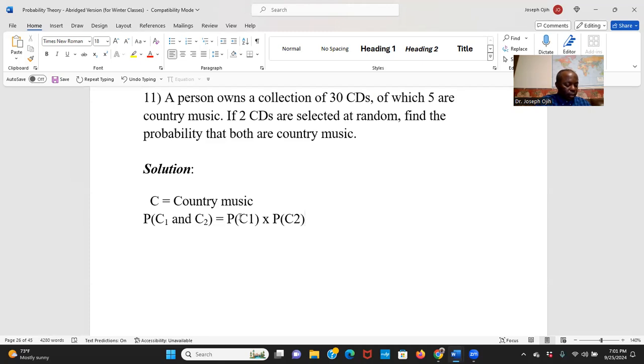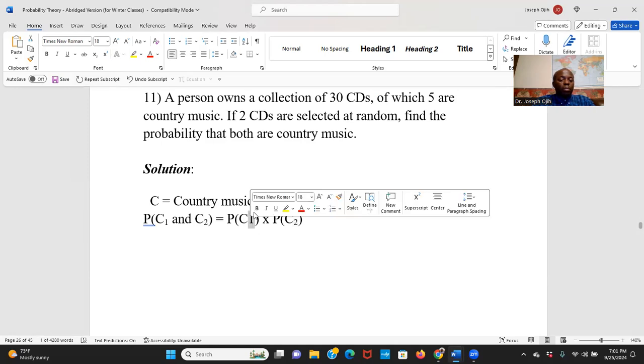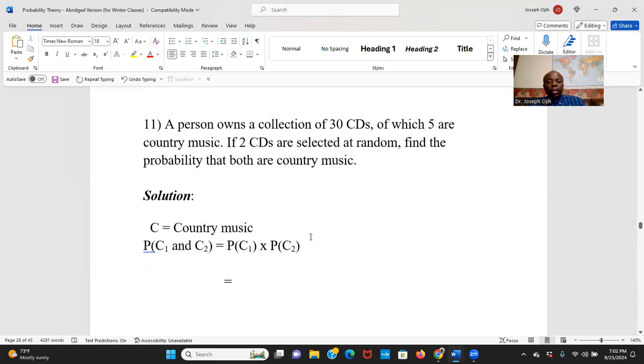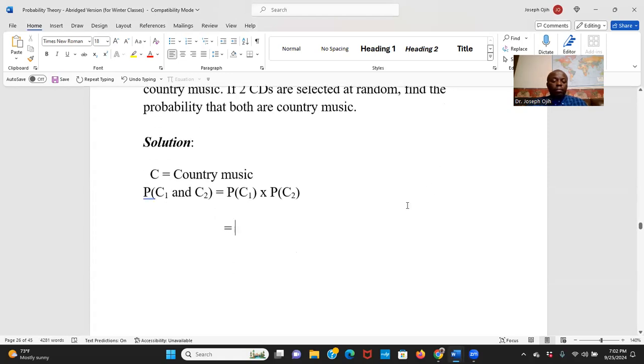Make it subscript and make this one subscript as well. Now, remember, this question didn't tell us that it was replaced. When they say if two CDs are selected at random, it didn't say whether they are replaced or not. So we assume they are not replaced, because if they were replaced, they would tell us.